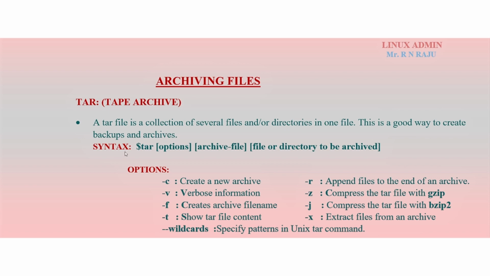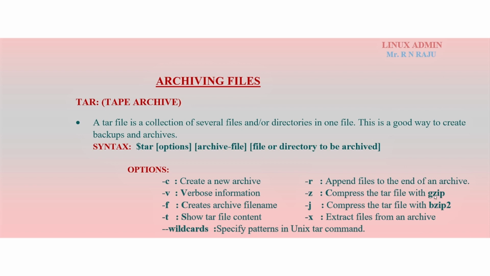Now syntax: tar space options, archive file name, that is your target file name, then file or directory to be archived. So what files you want to combine? Source file names, target file name, options and tar file. Then options are C for create a new file, V for verbose option, F for creates an archive file name, and T shows tar file content, and R append files to the end of an archive, and Z compress the tar file with gzip.